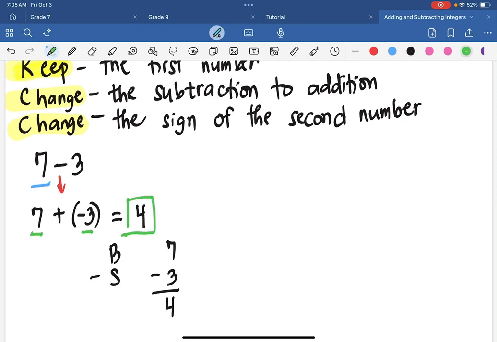Now, if we're going to have an illustration of both numbers, for 7, let's have 7 good boxes: 1, 2, 3, 4, 5, 6, 7, and 3 evil boxes. So we could just cancel this one with 1, 1, 2, 2, 3, 3. And obviously, we are left with 4 good or positive boxes. And that's it.